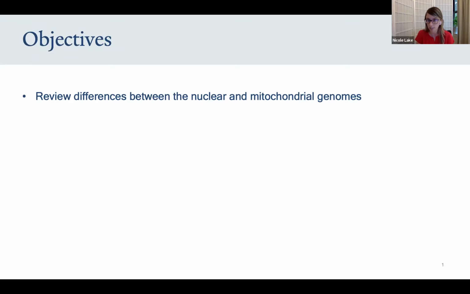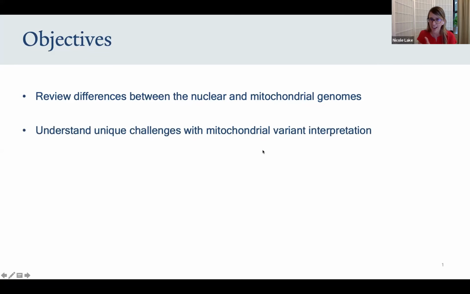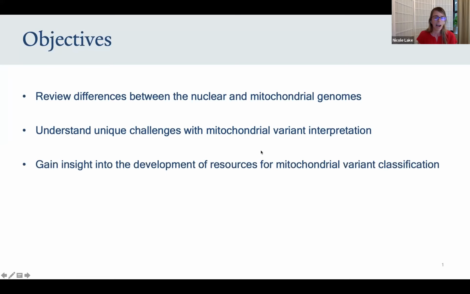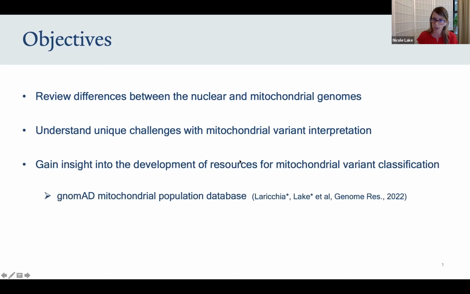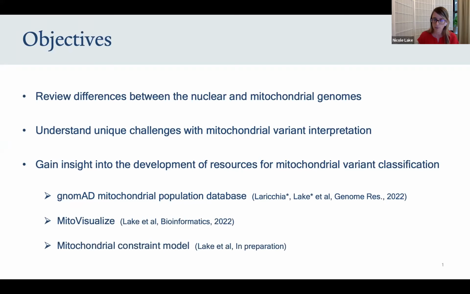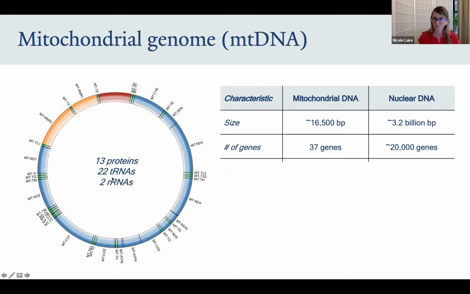We'll review differences between the nuclear and mitochondrial genomes to help gain appreciation for its unique features that complicate the process of variant interpretation in the mitochondria. And then I'll share with you some of the specific resources that I've been working on, including the gnomAD mitochondrial population database, a tool called MitoVisualize, and a constraint model for the mitochondrial genome that is in preparation.